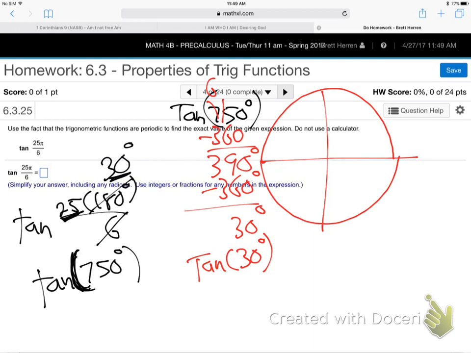So basically they started here, did one, two full rotations, and then went 30 degrees more. So there's where they end up.